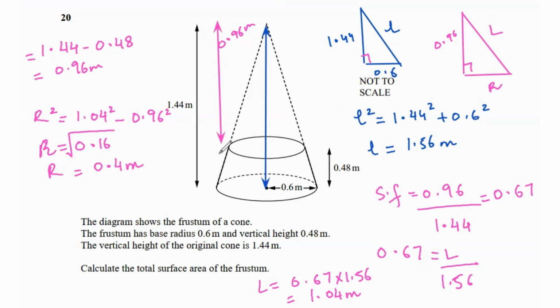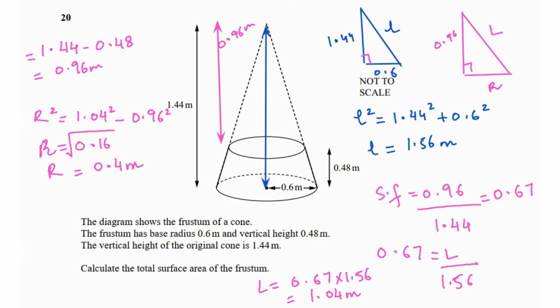Okay, now for the total surface area of the frustum. If you notice, the frustum has a circle at the top, a circle at the bottom, and then this curved part. For the curved part, we subtract the curved part of the removed cone from the original cone. And for the circular bases, we do pi times 0.4 squared plus pi times 0.6 squared.